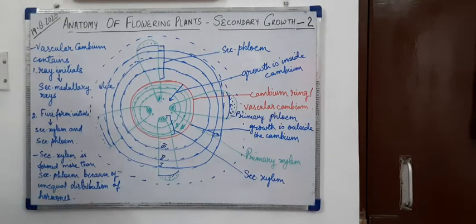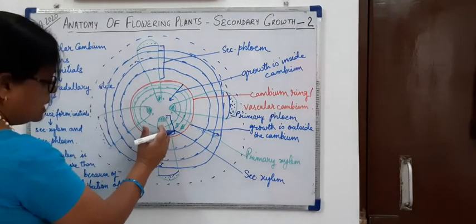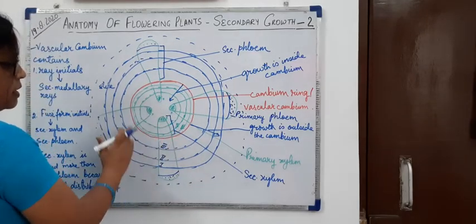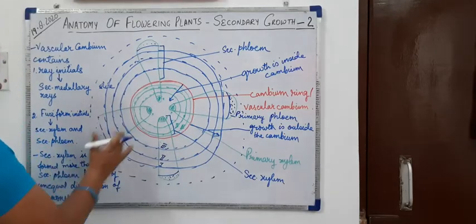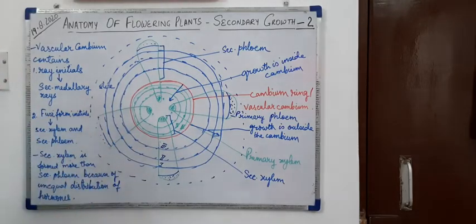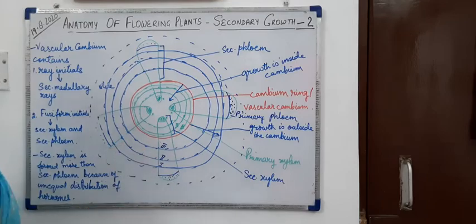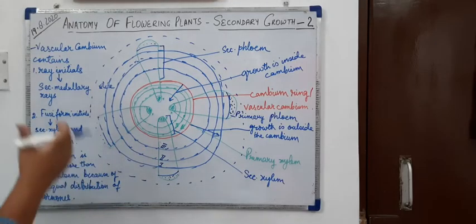Now why is this? Because more xylem is secreted, because towards the xylem side cambium divides more rapidly and produces more cells than towards the phloem side. And why is this happening? Because lot of water and minerals are required, and so more xylem is required than the phloem.